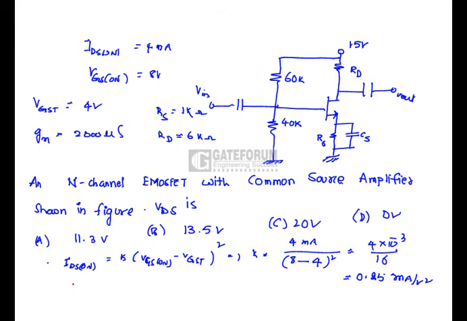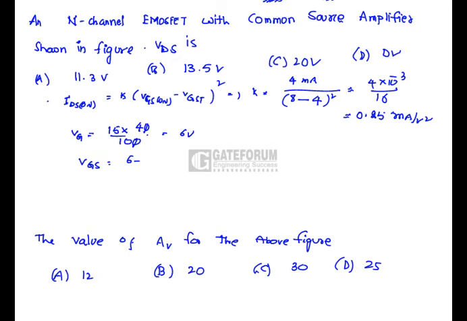After getting K, we have to determine ID. Here VG is nothing but 15 into 40 divided by 100, so 6 volts. Now VGS is nothing but 6 minus ID into RS, that is 1K, so 6 minus ID.